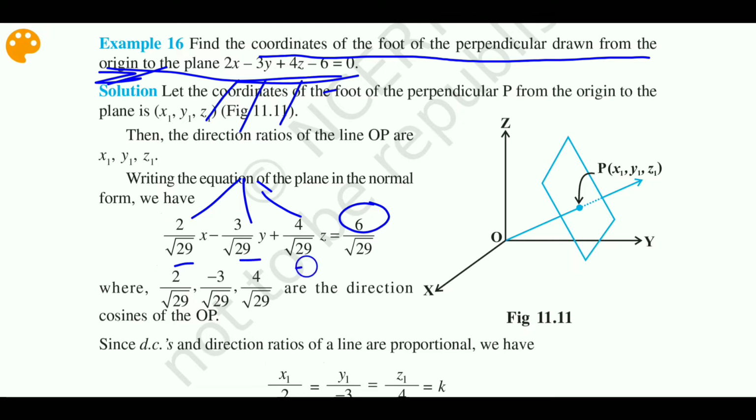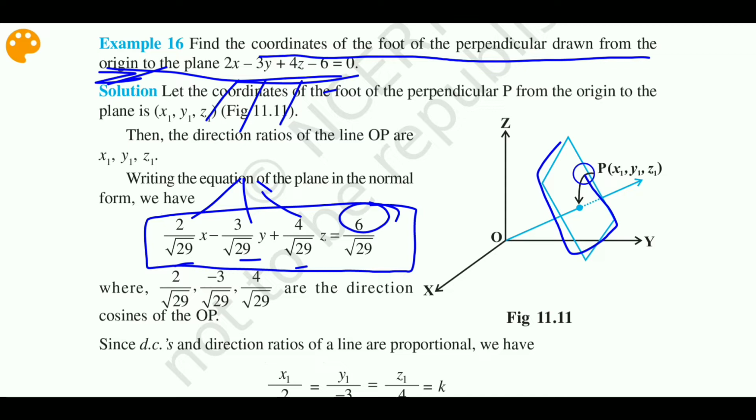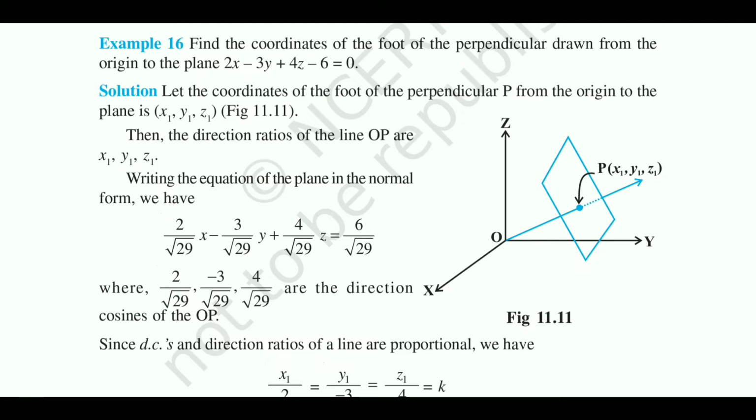So divide it by root 29, and this is the equation of the normal of this plane. This is the plane, and we have to find the coordinates of this point P, which is taken as x1, y1 and z1. This is the perpendicular drawn from the origin, and we have to find the value of P.